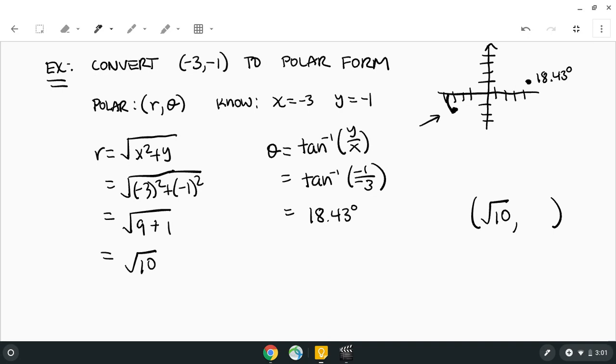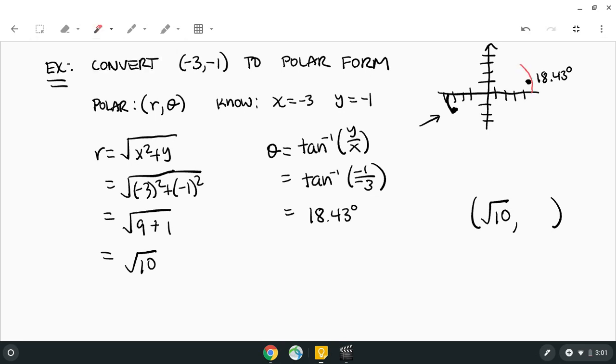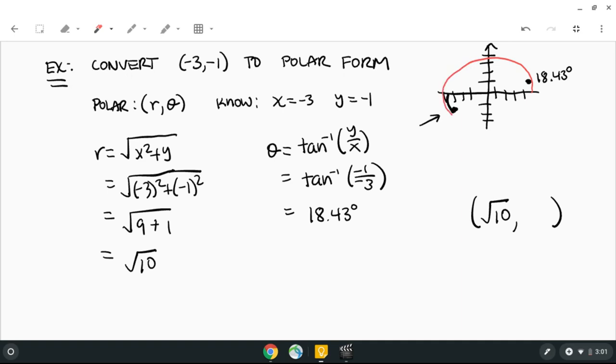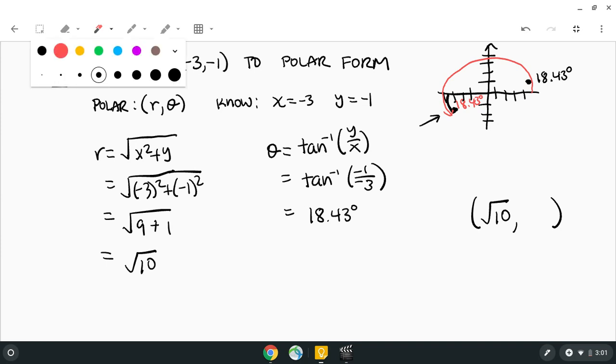So in order to find the actual angle, let me get a different color here. The actual angle is this angle here that is more than 180 degrees. How much more than 180 degrees? 18.43 degrees more than 180. So this little piece in here is 18.43. This is the adjustment that I'm talking about.